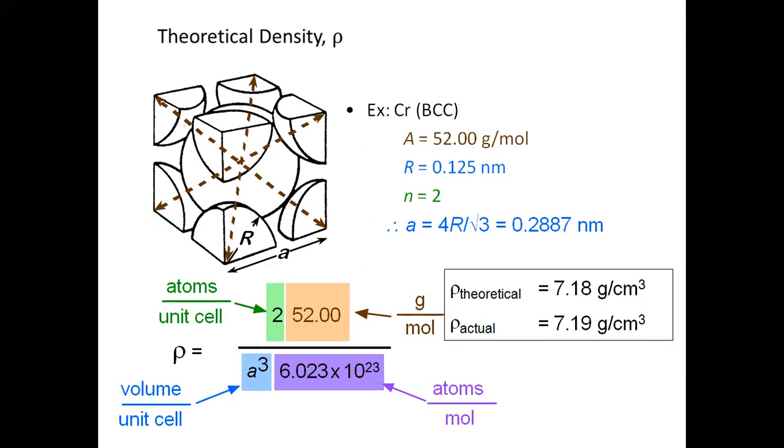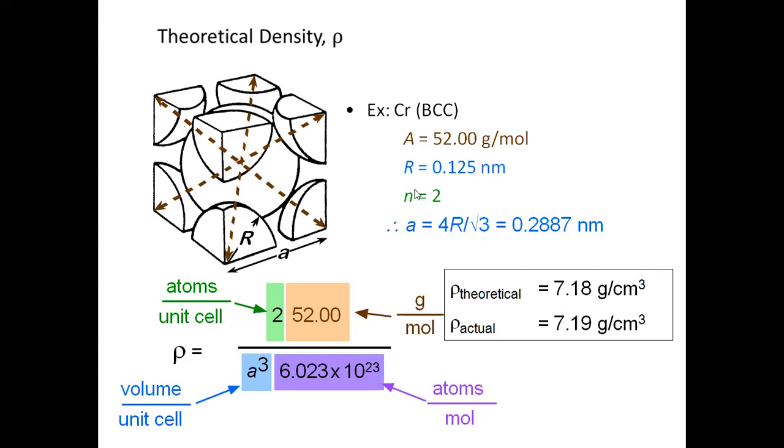So just to understand, an example is for chromium. Find the theoretical density for chromium. You've been given a hint, it's BCC. You've been given your A, 52 grams per mole, the atomic weight of chromium. The radius of the atom is 0.125 nanometers. Then the n, we know that the number of atoms per unit cell for a BCC structure is 2.